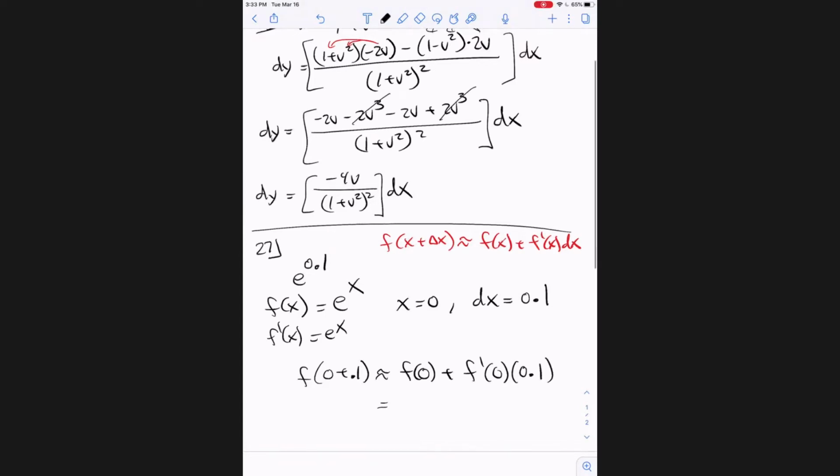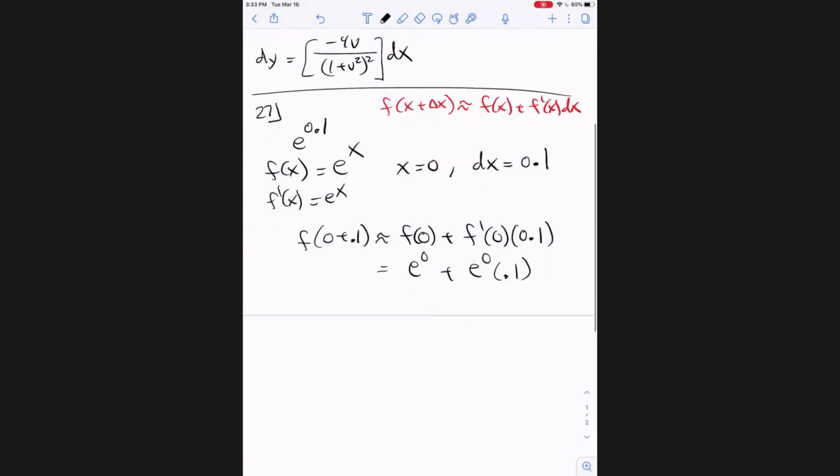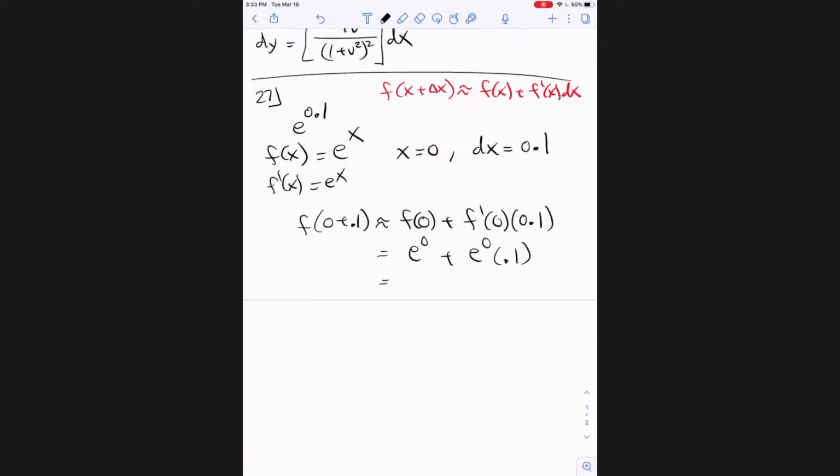So f of 0, that's just e to the 0, plus f prime of 0, that's also e to the 0, times 0.1. So we get e to the 0, which is 1, plus 1 times 0.1, which gets me 1.1.